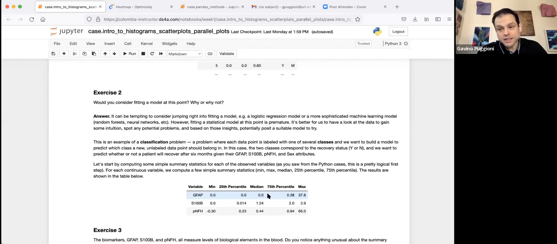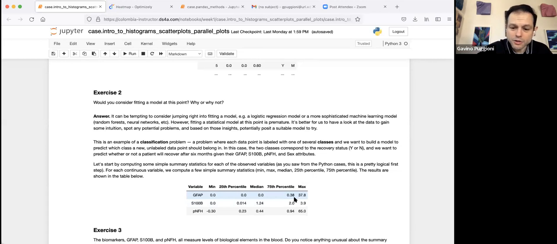The 75th percentile is 0.38, so it's still small, but then you have a maximum of 37.8. So definitely a distribution that has a very long tail to the right, very skewed to the right indeed.